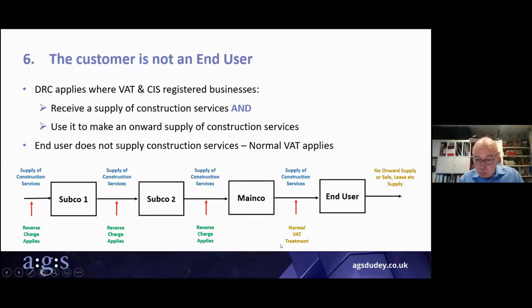And the end user receives that, and they do whatever they will do with it. They might run the business from it, they might sell it, they might lease it. But the point is, it's the end of the construction supply chain, and normal VAT applies at that point.